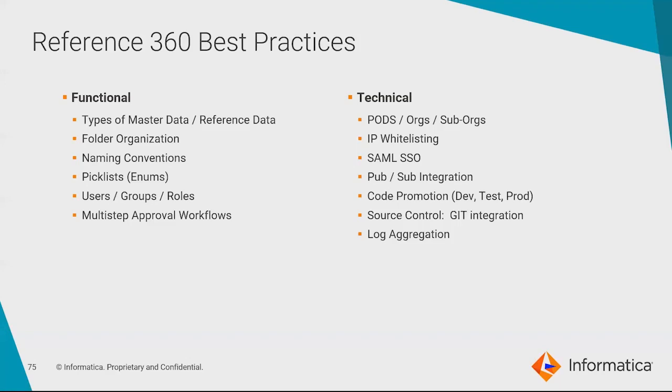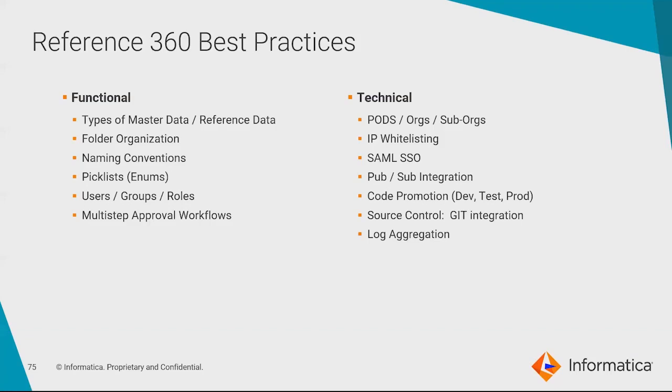So with Reference 360, you still want to have a dev and test environment so that, for example, your developers can test out more complex examples in a kind of sandbox. They can create a hierarchy that may or may not work. They can try out different options, and then you can export those code lists and import them into a test environment for your data stewards to take a look at, and then finally into production.